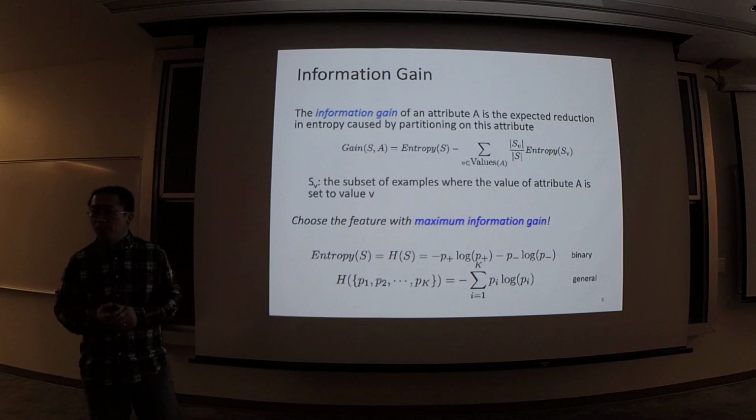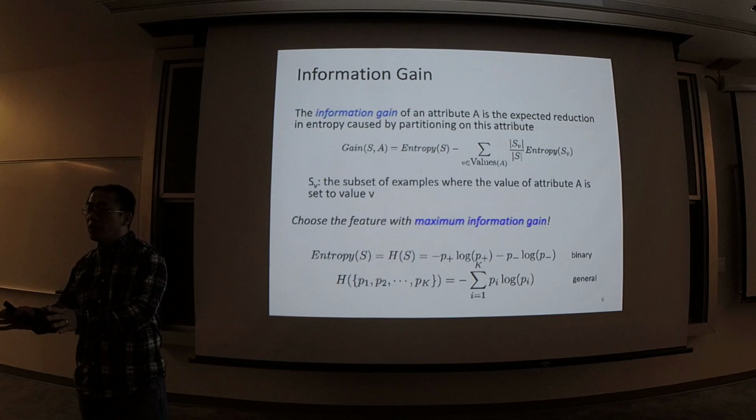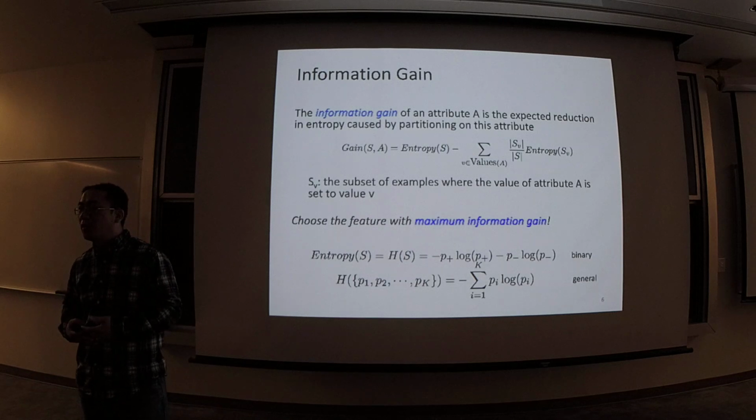But if your examples have, say, half positive, half negative examples, you're most unsure about the labels in your data set. Half chance to be positive, half chance to be negative. So your uncertainty reaches maximum. It is equivalent to say your purity is worst.